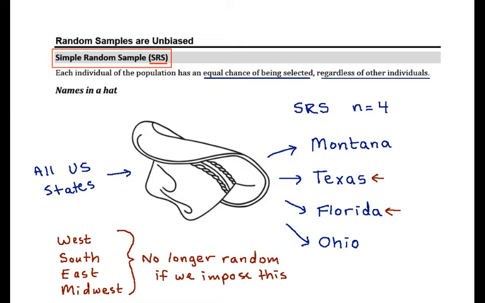Now, it can be tempting to try to serve as a randomness generator yourself as a human being and say, I'll just look at the map and I'll choose a set of 4 states that to me feels very random, right? If you do this, most likely what you're going to generate is something much more like what we talked about here.